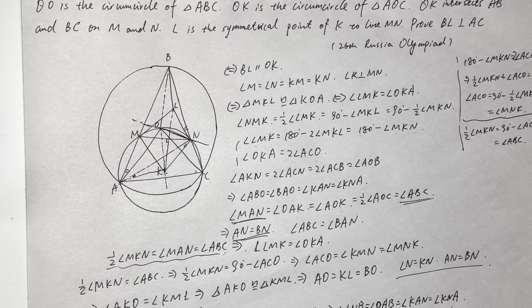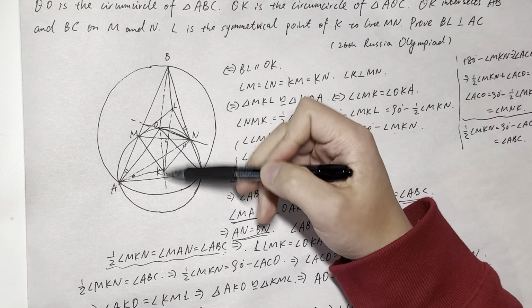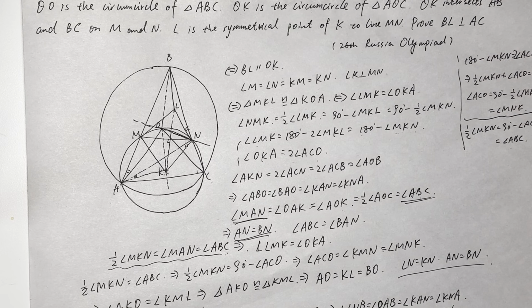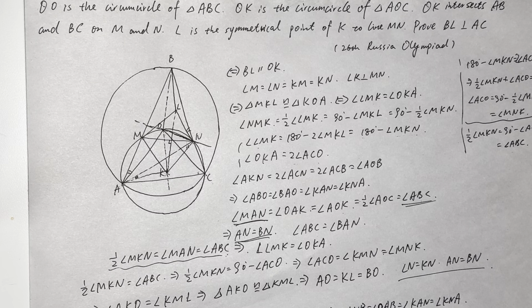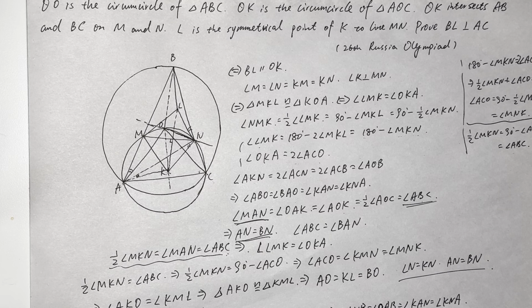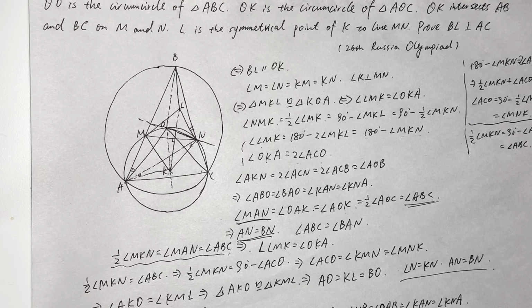So I would prefer to use equal lengths to prove that BLKO is a parallelogram. But if you have any easier, more elegant solution, feel free to share it with me. I can show it to the audience.